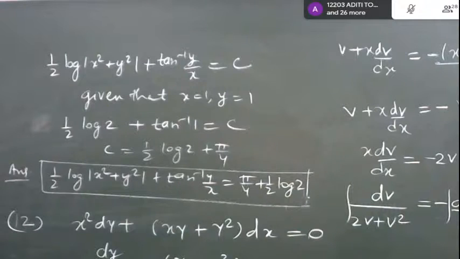Any one of students of A section? What should be a way? Repeat. 1 upon v minus 1 upon v plus 2.